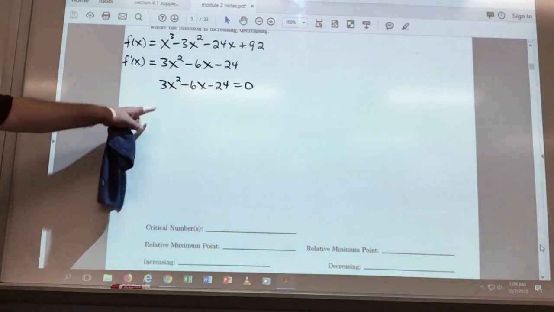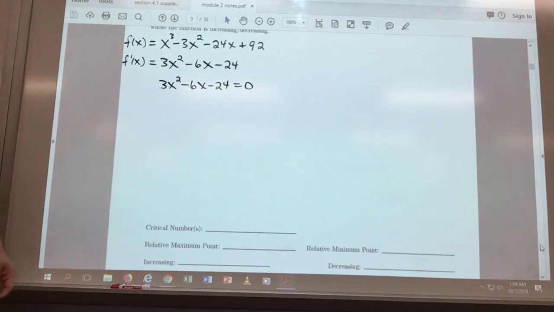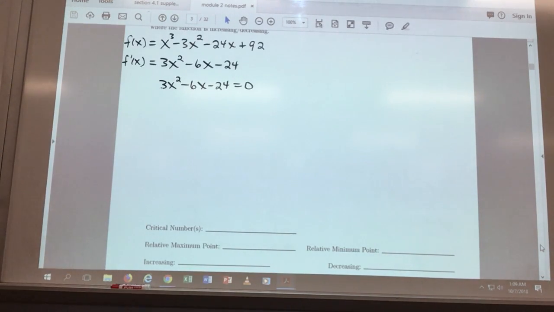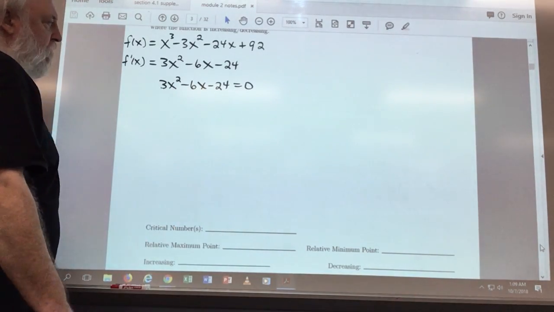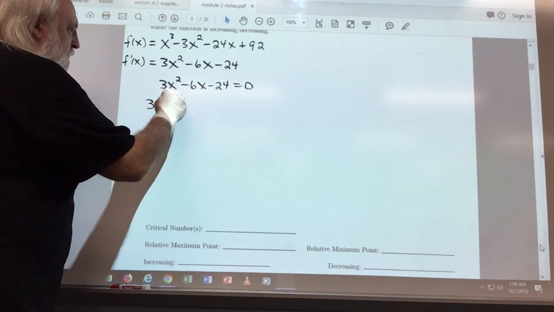And you should recognize this is a quadratic in one variable, and so you can use the quadratic formula or factoring to find the values of x. Well, this actually factors, okay? 3, minus 6, and minus 24 are all divisible by 3, so we can pull out a 3.